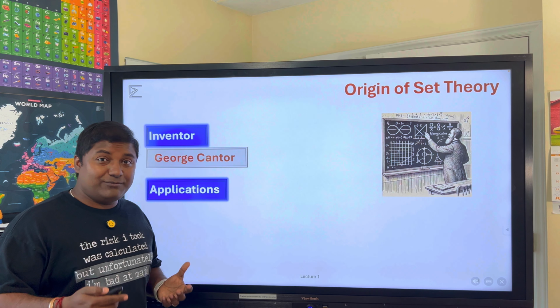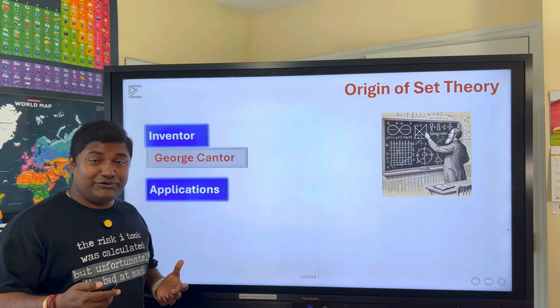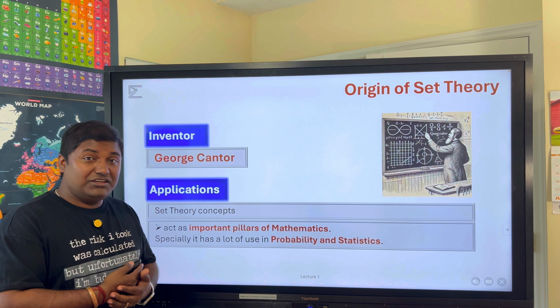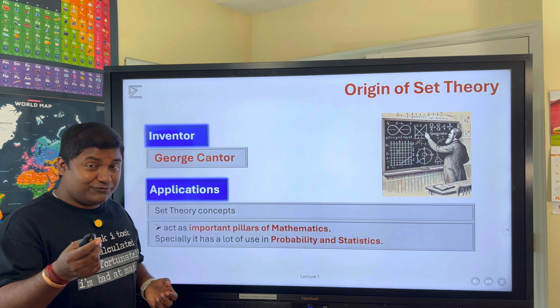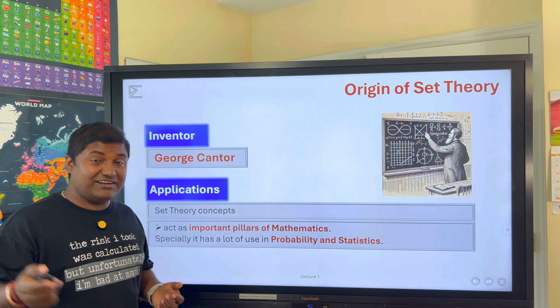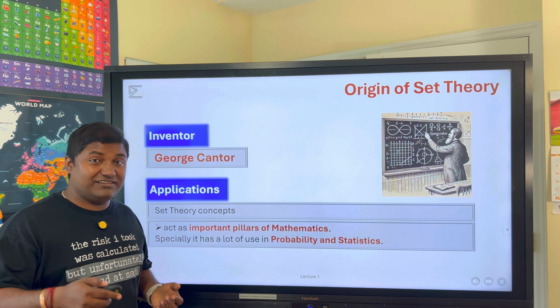Now, talking about applications, set theory concepts are very important, and these are important pillars of mathematics, and mathematicians use them almost every day. Especially it has a lot of use in a field of mathematics known as probability and statistics. You are going to get a glimpse of those via a chapter known as probability and statistics in class 11 or class 12.